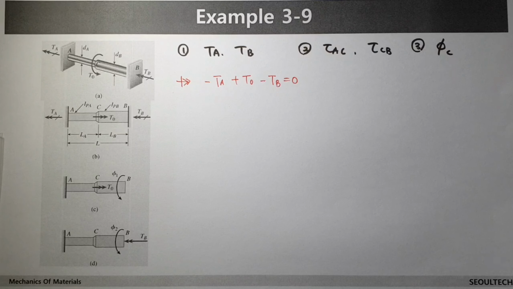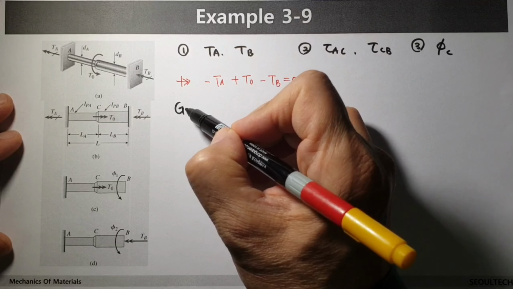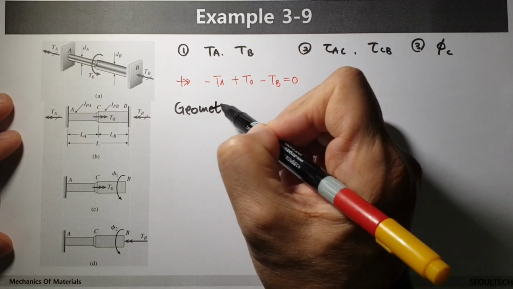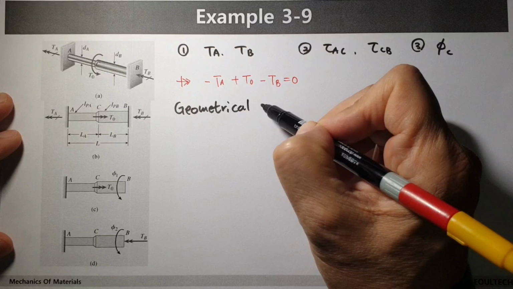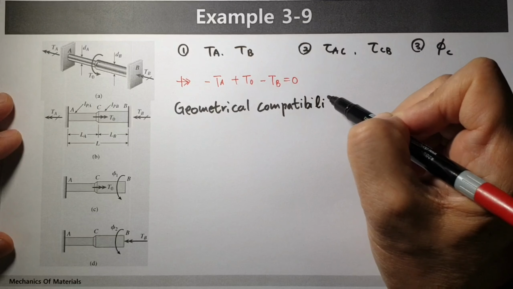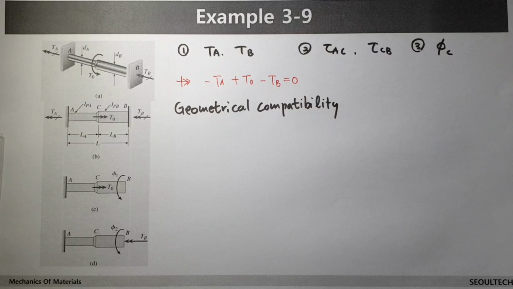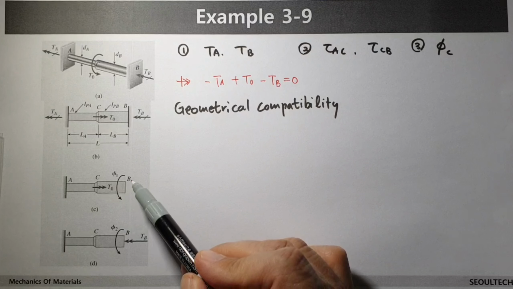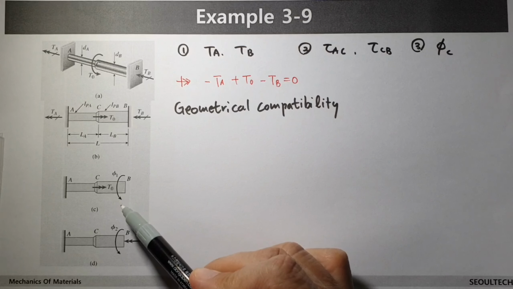And next, we introduce geometrical compatibility. What does that mean? Geometrically, it should be like that. By torque T0, we thought phi 1 is happening like this.